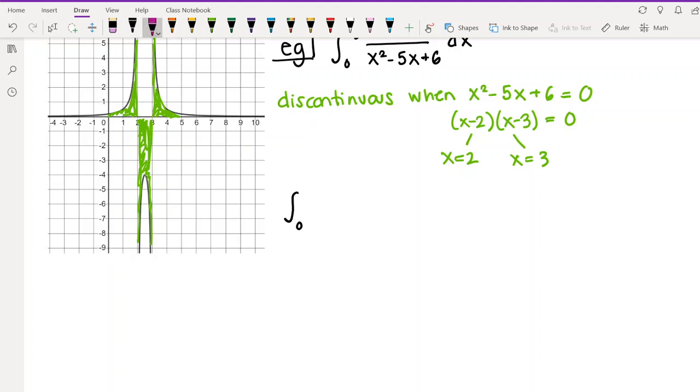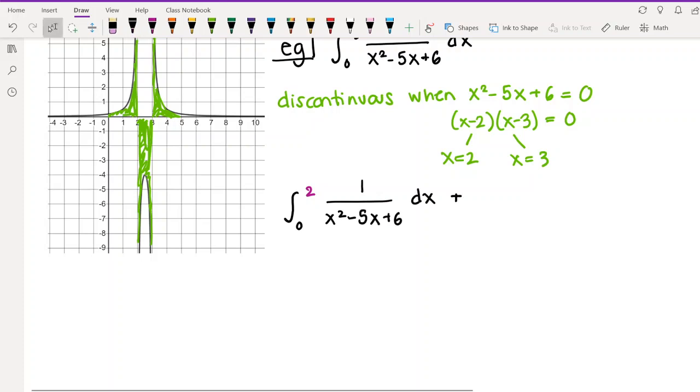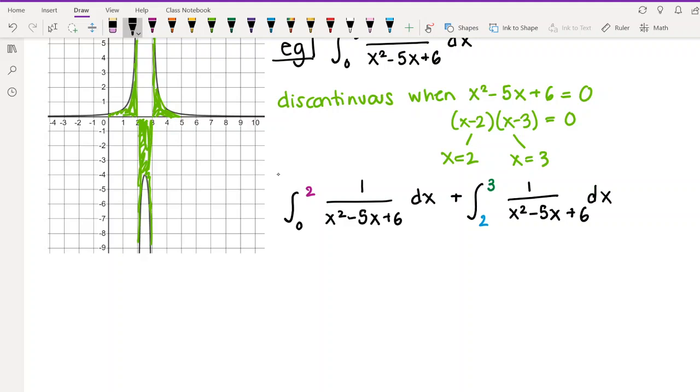So let's say the integral from 0 to 2 of our function, plus the integral from 2 to 3, and then the last one would be the integral from 3 to 5. I'm probably getting a little off screen, so I'll scroll over.